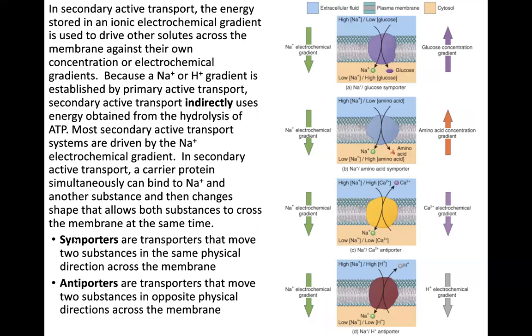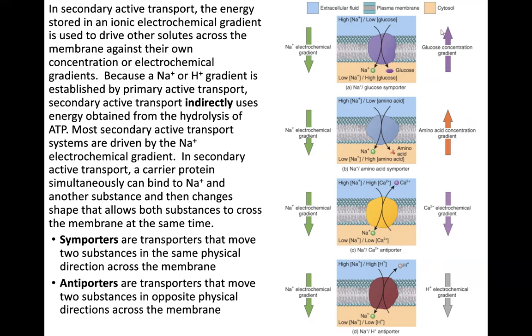A symporter is a transporter that moves 2 substances in the same physical direction across the membrane. So in other words, sodium gets to give somebody a piggyback ride. And sodium comes in and glucose takes a ride on its back.